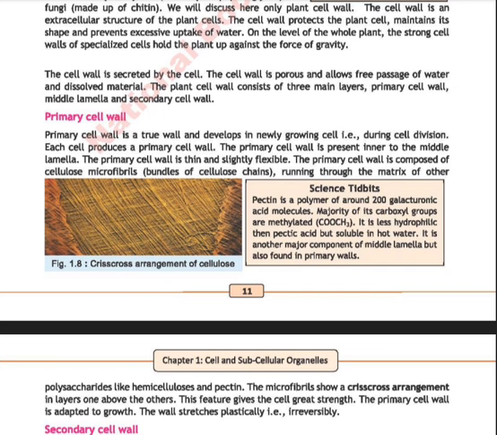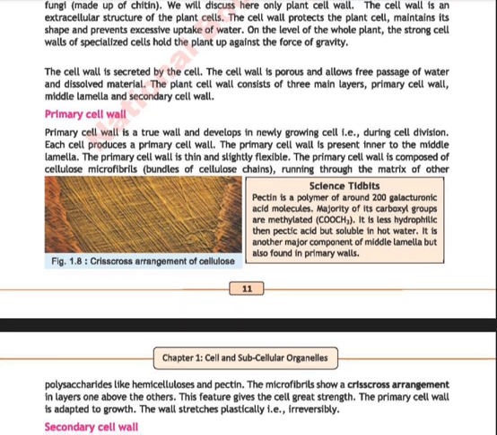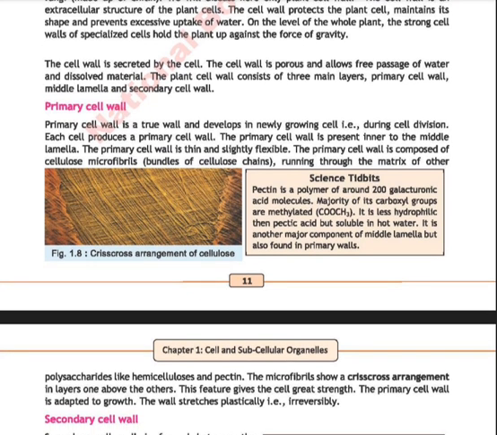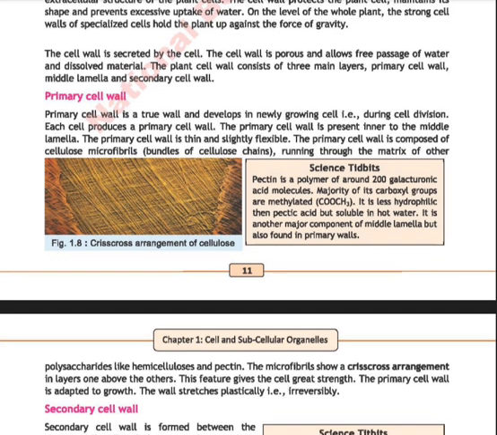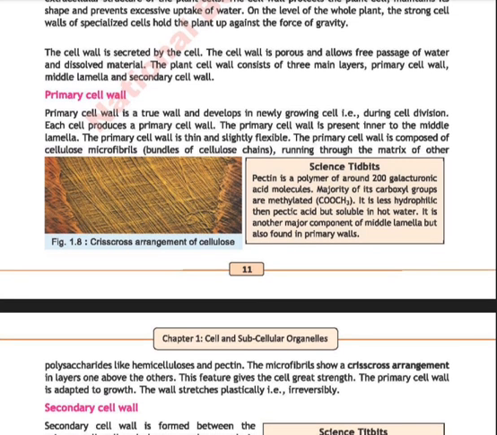The cell wall is an extracellular structure of plant cells. The cell wall protects the plant cell, maintains its shape and prevents excessive uptake of water.